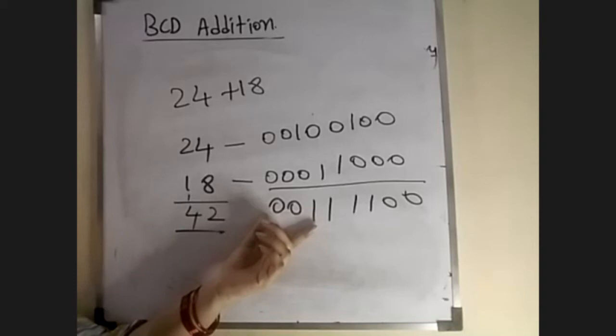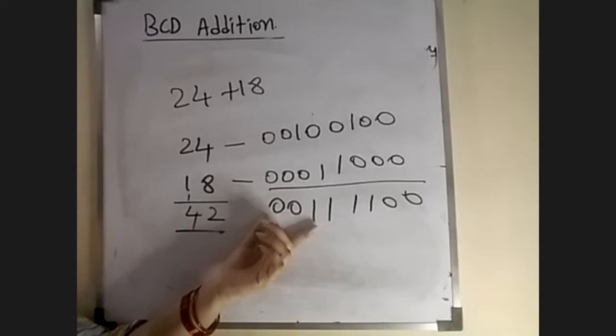So here 0000, 1100. So here 4 plus 8 is 12. So 12, 2 plus 1, 42, right?